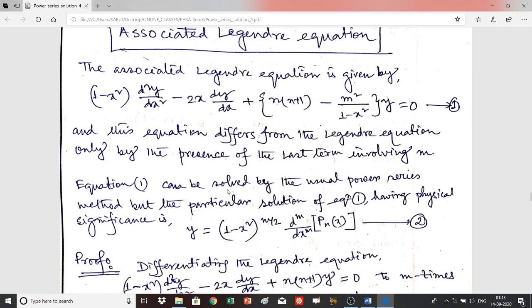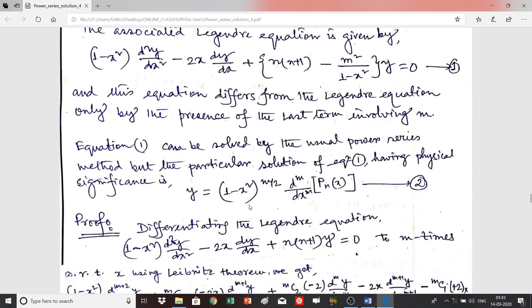But the solution of the associated Legendre equation is given by y equal to (1 minus x squared) to the m by 2 into d^m by dx^m of Pn(x), where Pn(x) is the Legendre polynomial, and here we are to prove it.